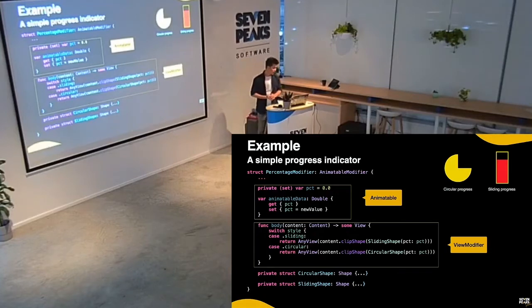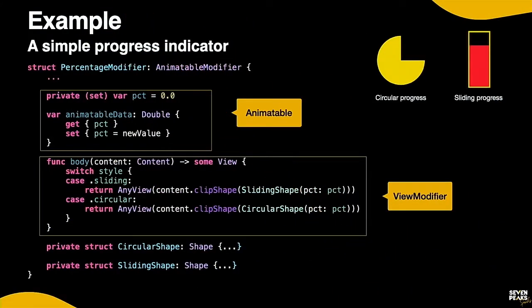And the Double, because it conforms to VectorArithmetic like we know earlier, now becomes the animatableData. We have the get and set functions to control it. And in the body, depending on the style, I will have the two types, circular and sliding.